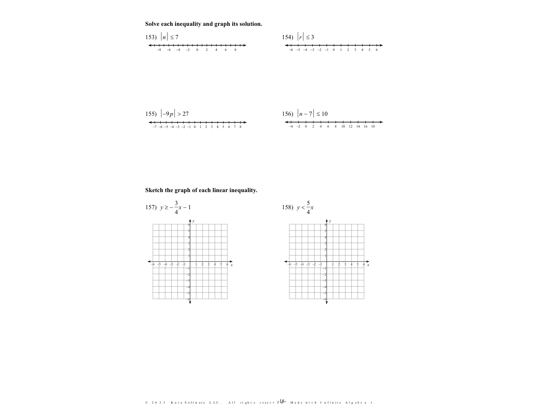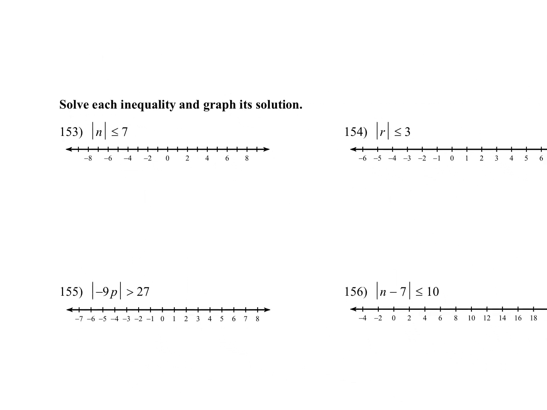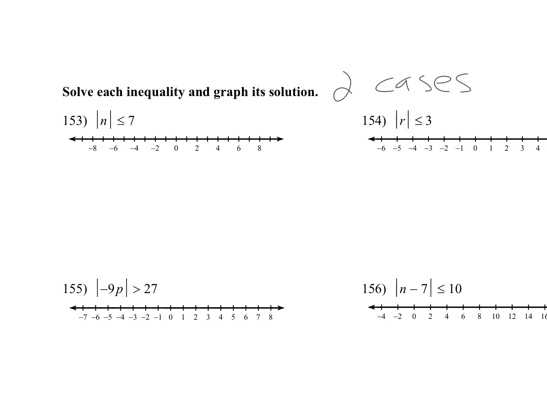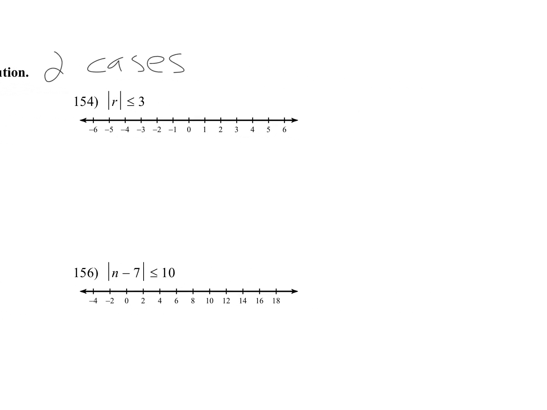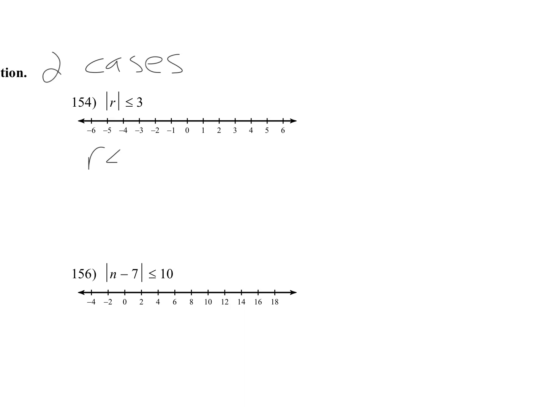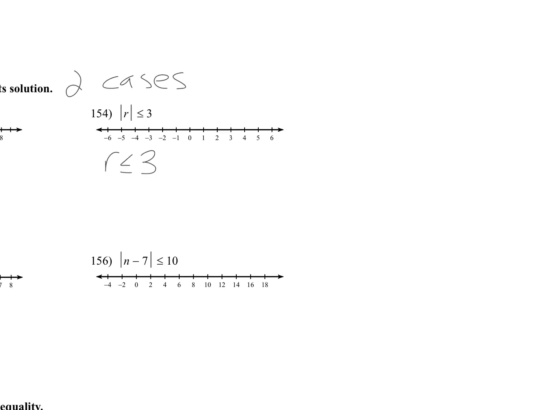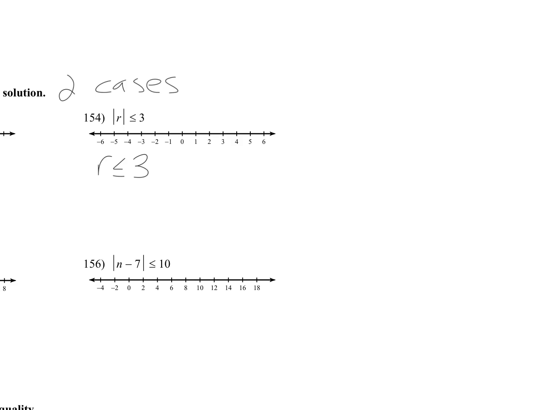Moving to absolute values. Just like we talked about 2 days ago with equations with absolute values, what do we have to have? 2 cases. What's the first case always going to be? The same thing. So we have r is less than or equal to 3. With inequalities, what changes between the first and the second case?